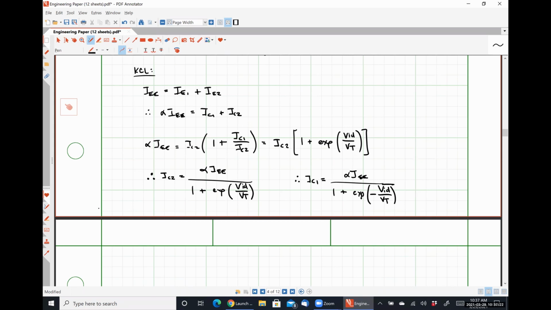Who's got a calculator on hand real quick? What's e to the 4th power? 54.6, all right? And then what's e to the negative 4th power?